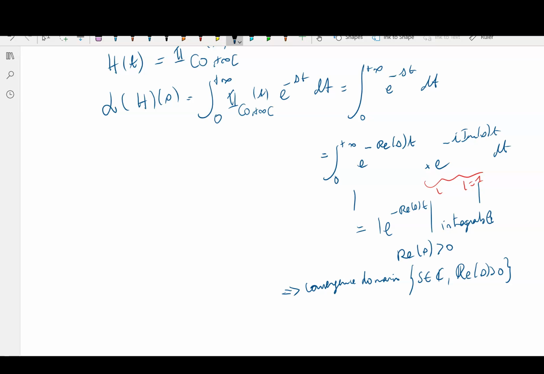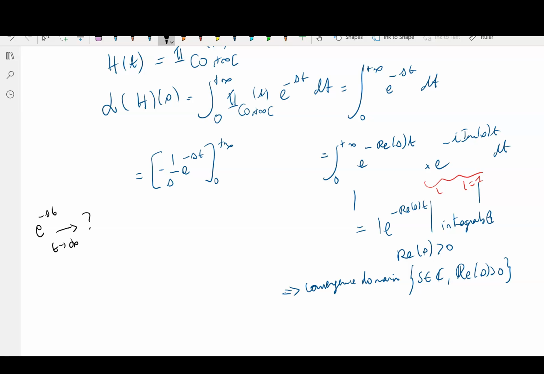Actually, we don't need to split that for the integration. We just get 1 over s, exponential minus s times t, between 0 and plus infinity. So what do we get? At plus infinity, that's exponential minus st as t tends to infinity.